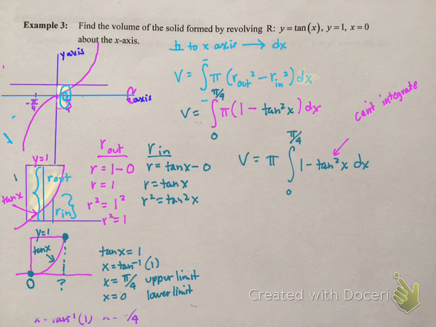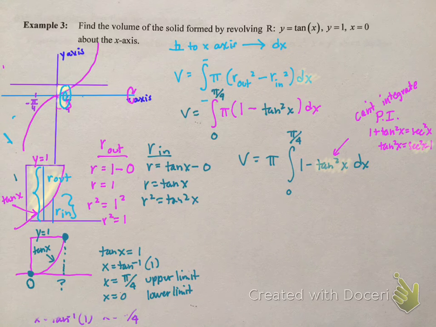So what I can do, though, is use the Pythagorean identity from trigonometry, which says 1 plus tangent squared x equals secant squared x. And if I get tangent squared x by itself, I get the statement that secant squared x minus 1 is equivalent to it. So I'm going to substitute in secant squared x minus 1 in for tangent squared x.